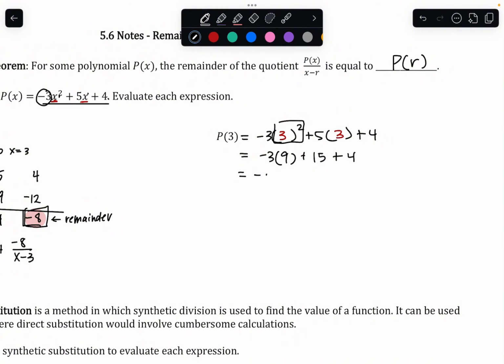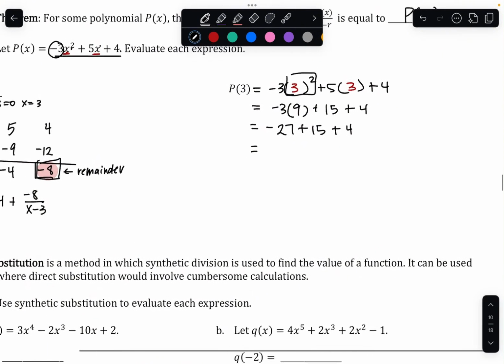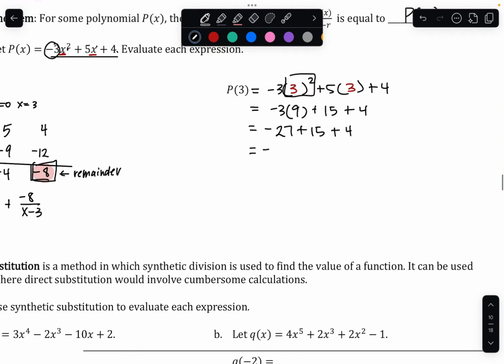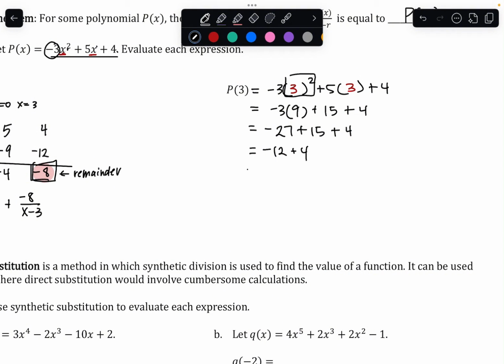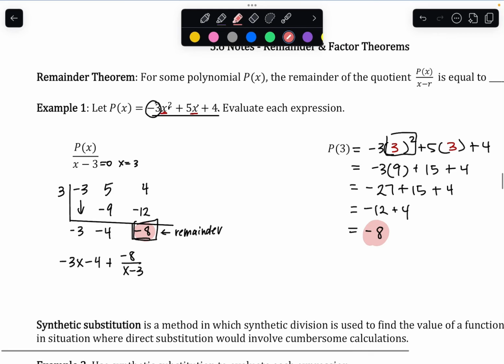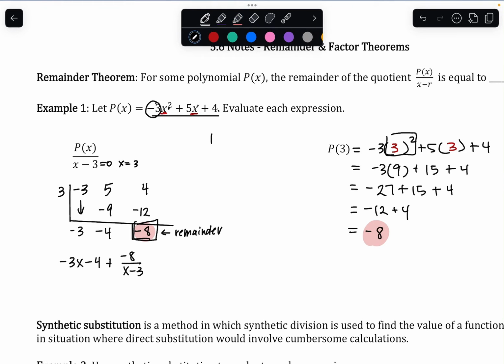Negative 3 times 9 is negative 27. And then negative 27 plus 15 plus 4 gives me negative 12 plus 4, which is, in fact, negative 8. Okay, and so p of x divided by x minus 3, the remainder of that is equal to what p of 3 was.